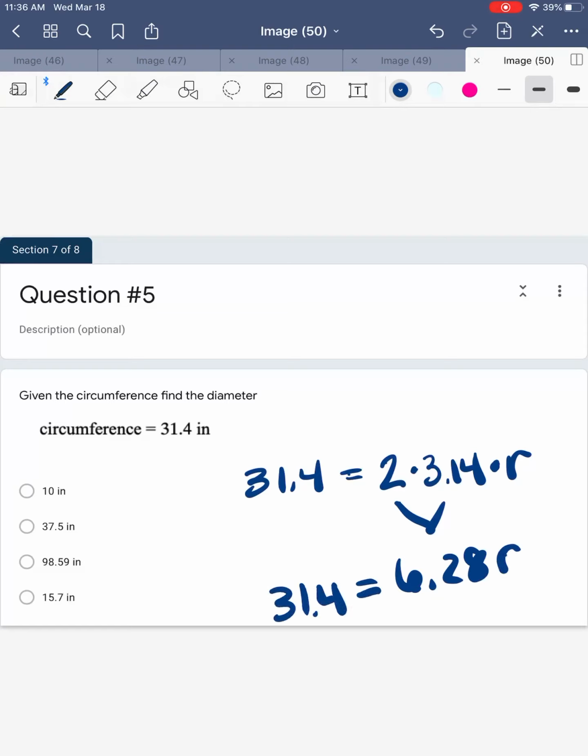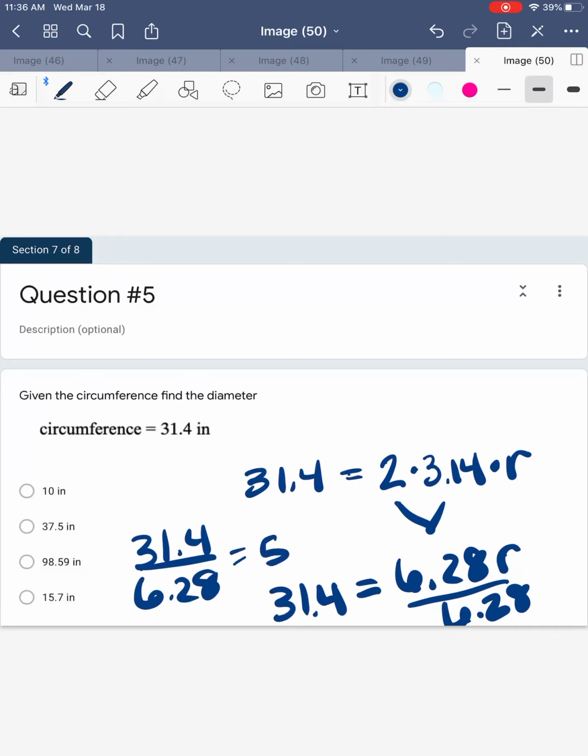Now I'm going to divide 31.4 by 6.28, and that equals 5. But remember that that's the radius, and the radius is half of the diameter, so I want to times it by 2, which is 10. So that would be number 5.